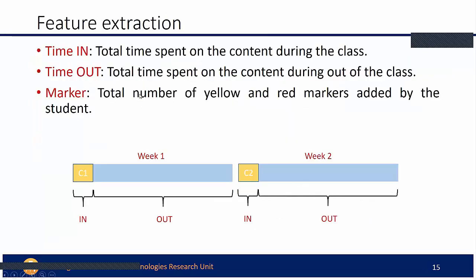Feature extraction is one of the important parts of this research, I think. So we extracted 3 different types of features. One is time in, another one is time out, and marker.